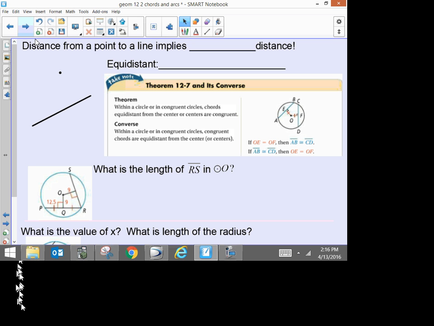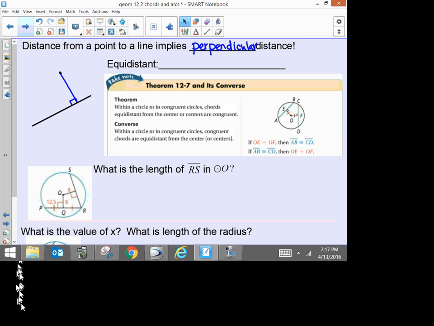The distance from a point to a line is perpendicular distance. That is never going to be spoken or written for you, but it's implied.